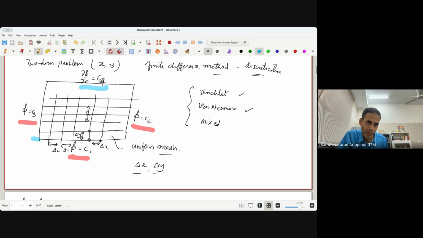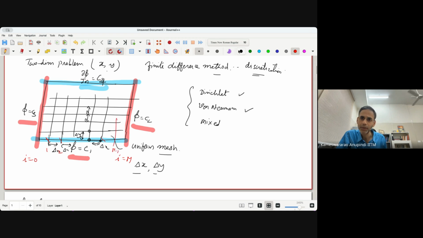That means j equal to 0 will be this line, and j equals n will be this line. Similarly, i equals 0 will be this line, and i equals m will be this line. So we have i equals 0, i equals m, and everything in between is going from 1 all the way to m minus 1.